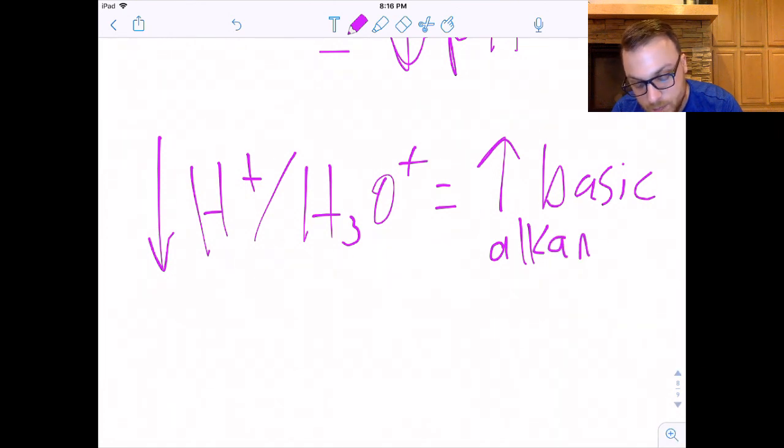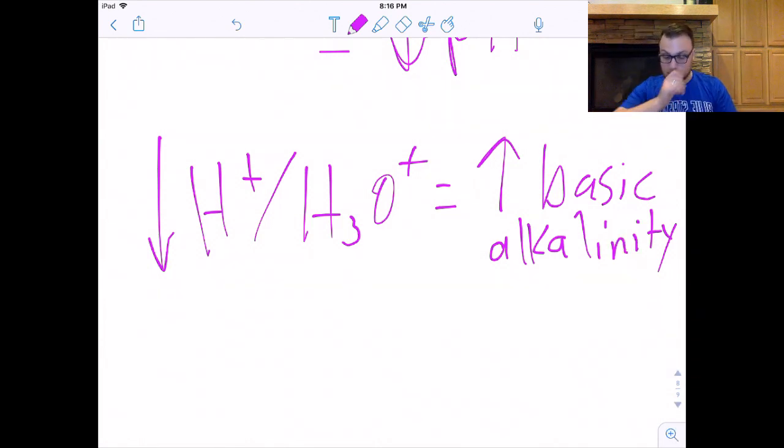Alkaline means base. So if the H plus or H3O plus is going down, you're increasing how basic your solution is. You're increasing how alkaline your solution is, which means your pH is going to start going up.